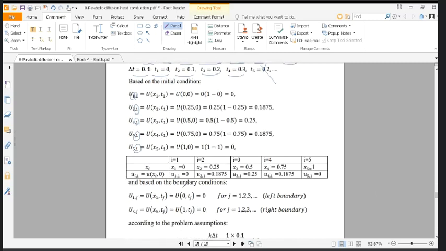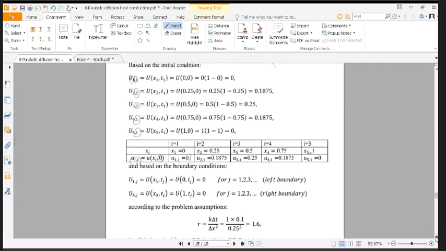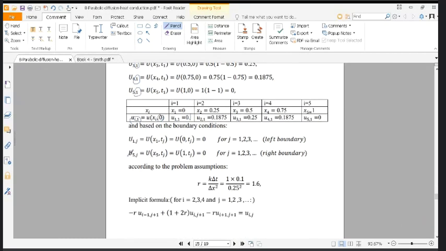The value of U, I and 1 means U at X, I and 0 because T1 is 0. And the values of u at this time level are in this table. And also, as in the previous example, u1, j and u5, j for j equal 1, 2, 3, and so on are 0 based on the boundary condition.